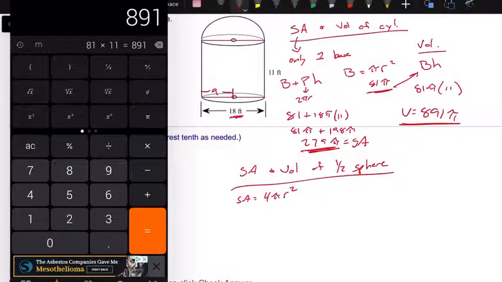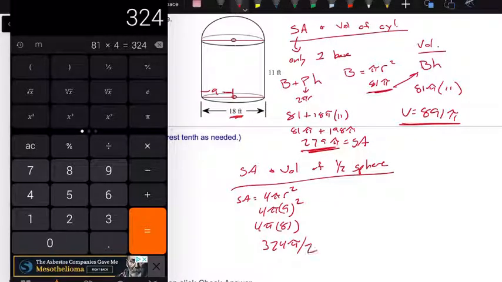Right, the radius of that sphere is going to be the same as the radius of the cylinder, so it's 9. So 4 pi 9 squared, 4 pi 81. Right, so we have 81 times 4. So 324 pi would be the surface area of that sphere.